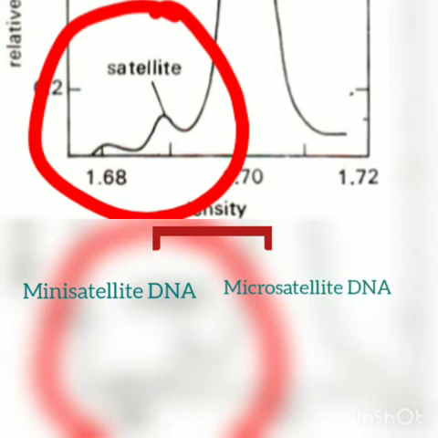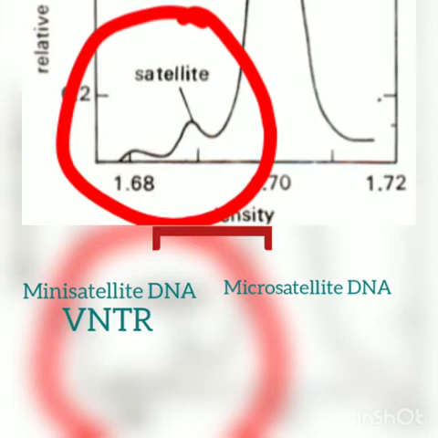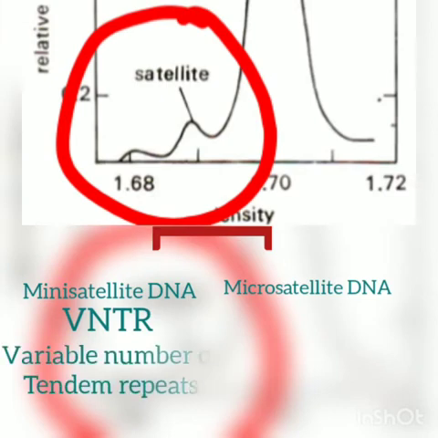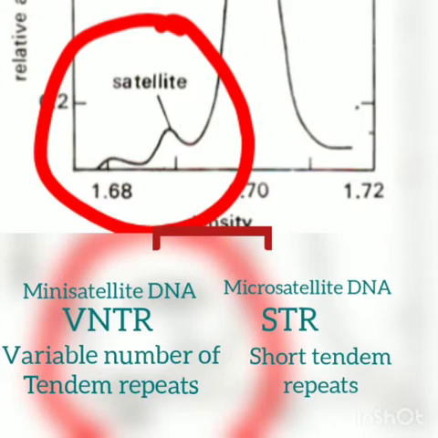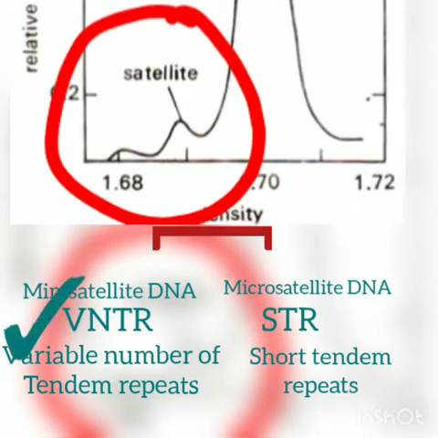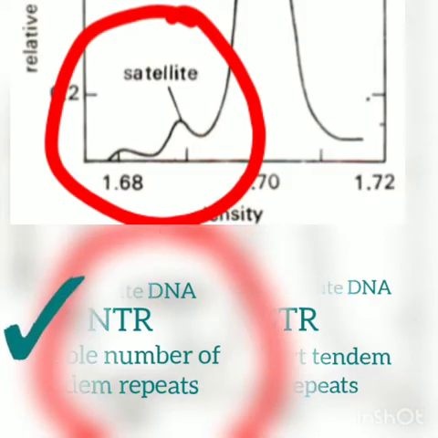The mini satellite DNA is also known as VNTR, that is variable number of tandem repeats, and microsatellite is also known as STR, that is short tandem repeats. The mini satellite or VNTR is the one which is used for DNA fingerprinting.